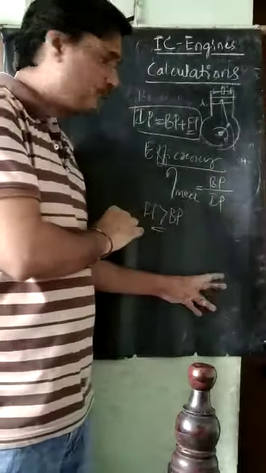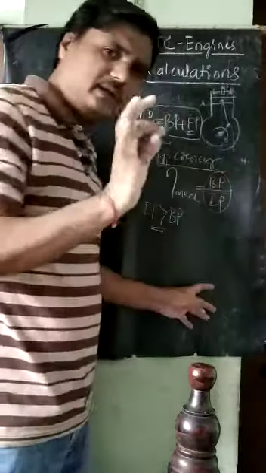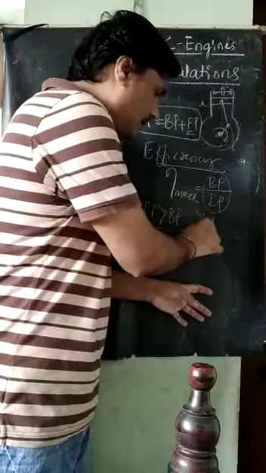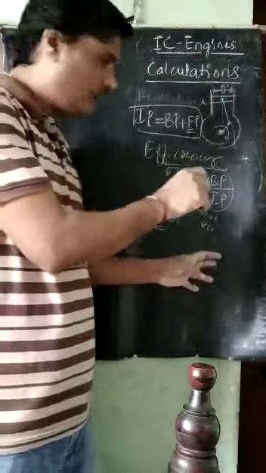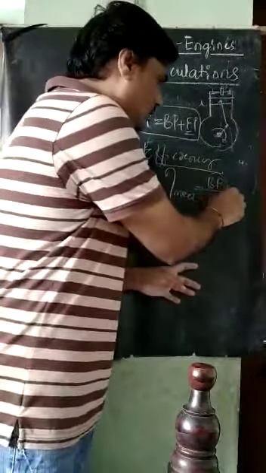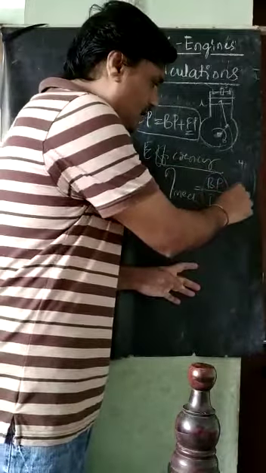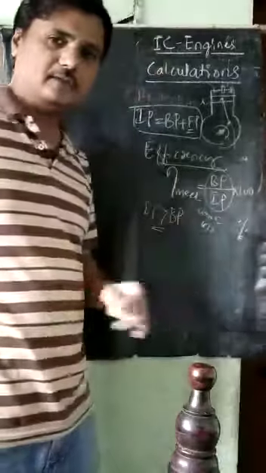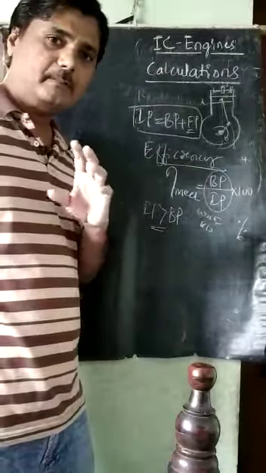Both have to be taken in the same unit, whether watt or kilowatt, so the units get cancelled. Multiplying by 100, you get the efficiency in percentage. This is called mechanical efficiency.